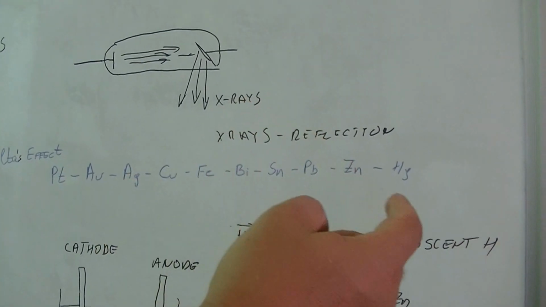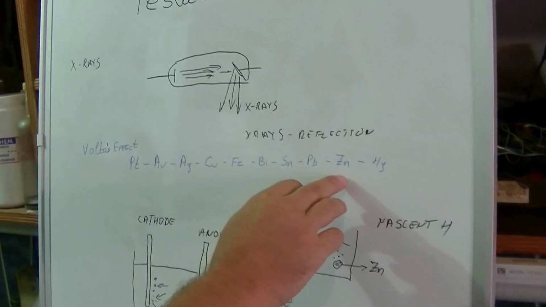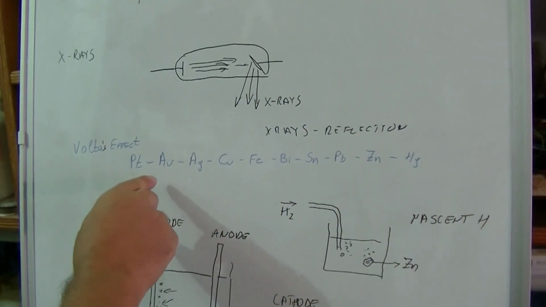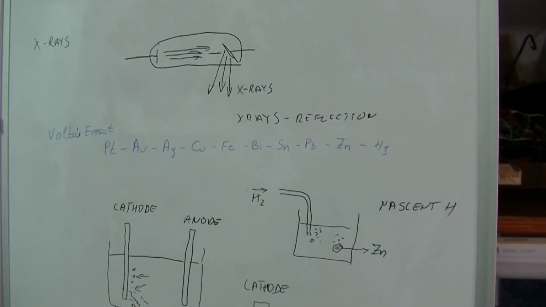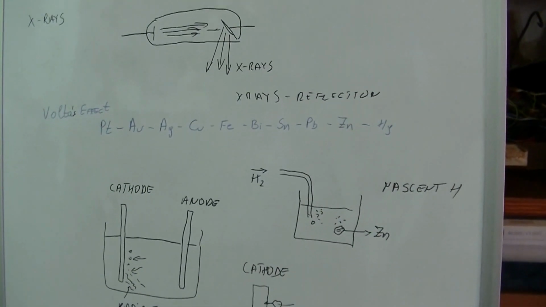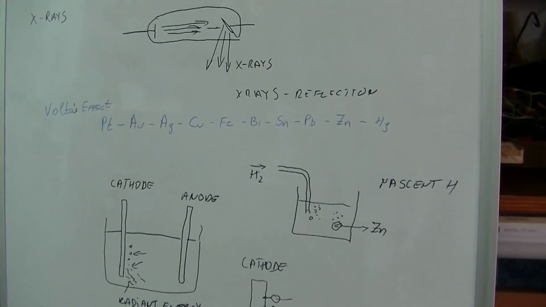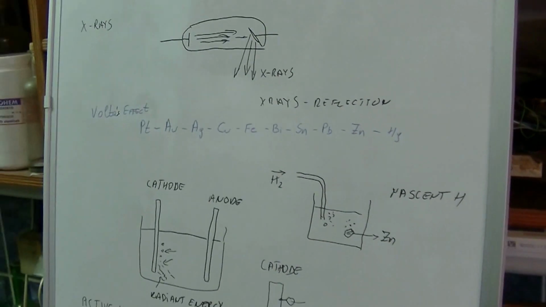But hydrogen produced by a zinc cathode is more active than hydrogen produced with a gold cathode. We know that platinum can absorb 700 volumes of hydrogen compared to the cathode's own volume.